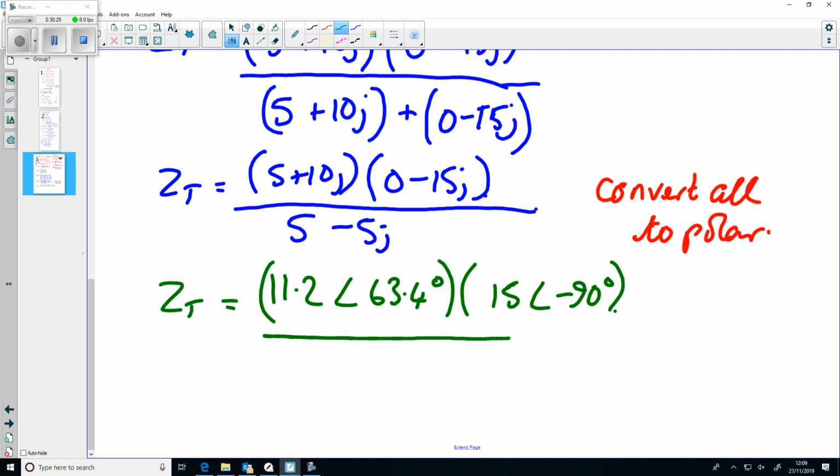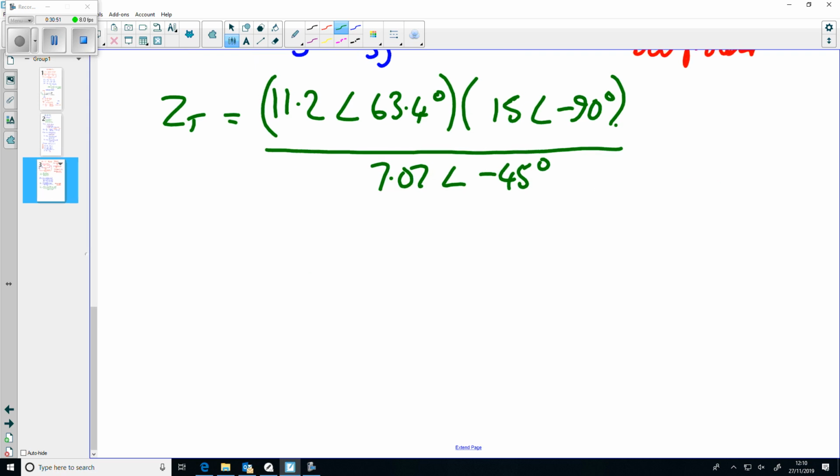And then eventually we're going to divide that by 7.07 angle minus 45 degrees. Negative 5J must be minus 45. Yep.